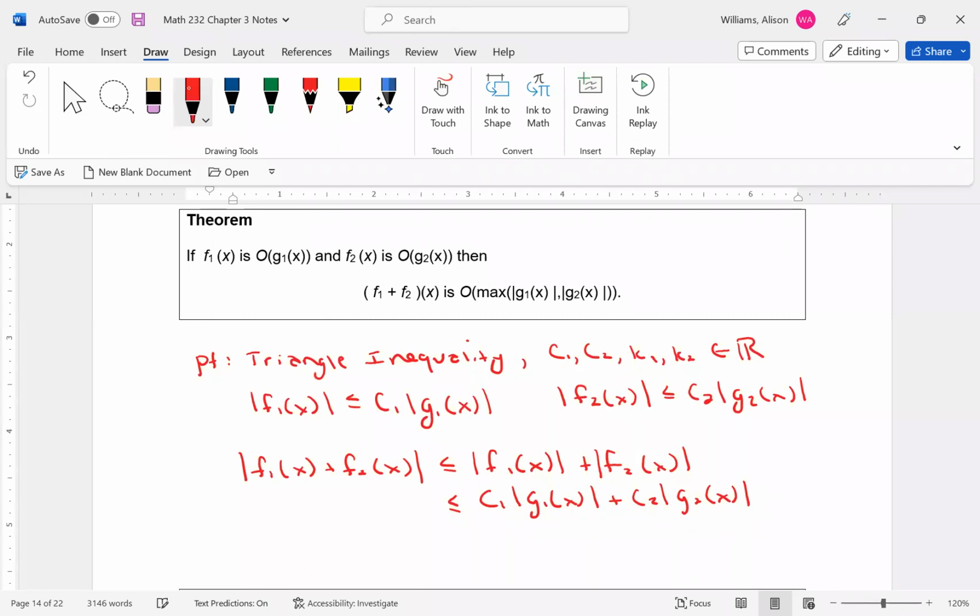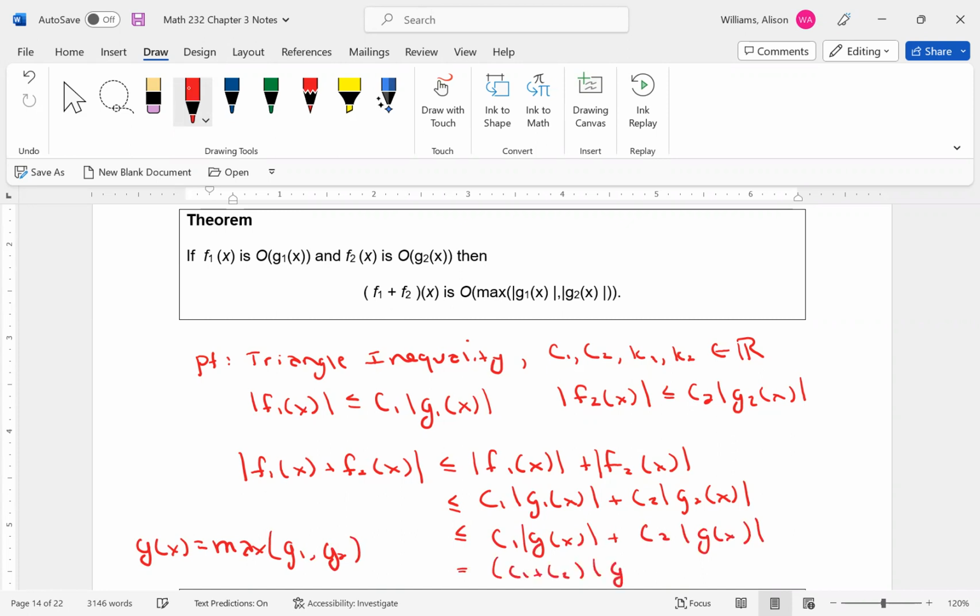Okay, but both of these are trapped by the constants c1 and c2. But now if I let g be the maximum of these two, g1 or g2, whichever one's the bigger one, then this is going to be c1 times g of x instead, plus c2 times g of x instead, which is just c1 plus c2 times g of x. So there is my magic c value.